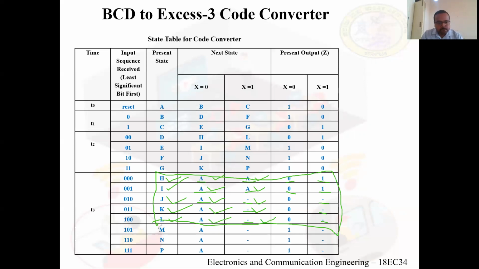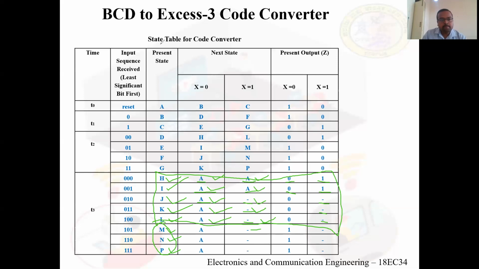And also you can look at the states M, N, and P here. Here also we have A dash, A dash, A and dash. So the next states when X is 0 and X is 1 for M, N and P are the same, and the outputs are also the same: 1 dash, 1 dash, 1 and dash. So M, N and P are all the same state.